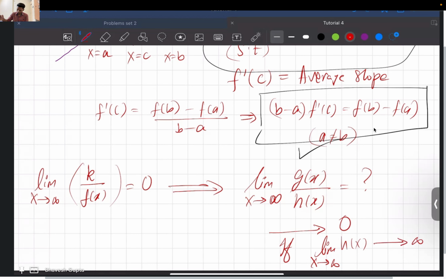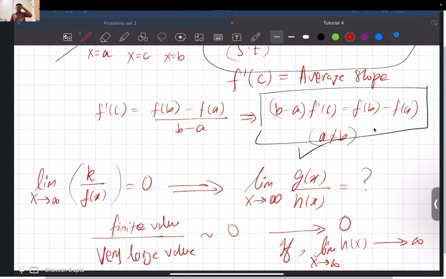Because what happens is that in the numerator you have some finite value, and in the denominator you have something very large, and that is approximately 0, right?